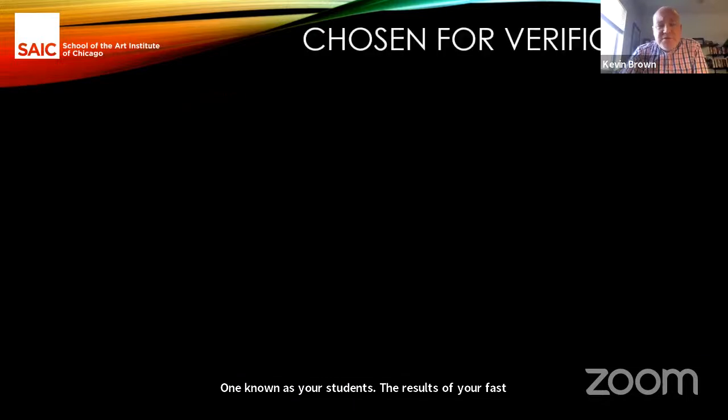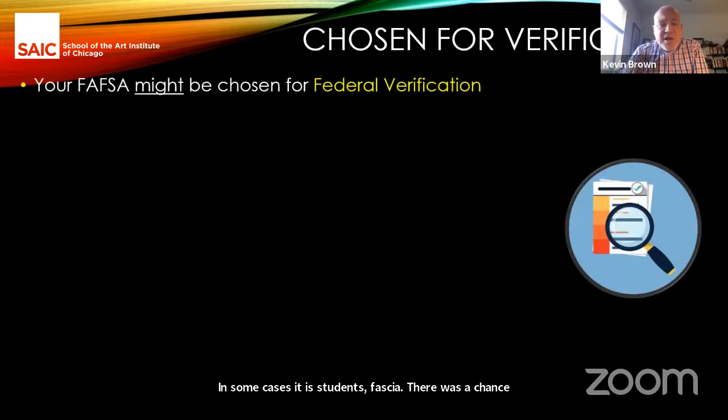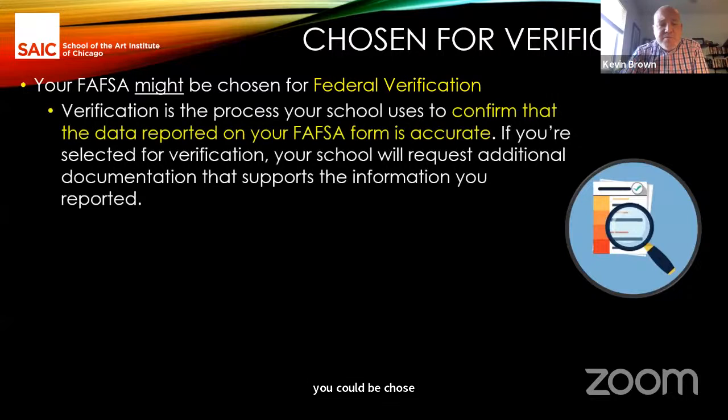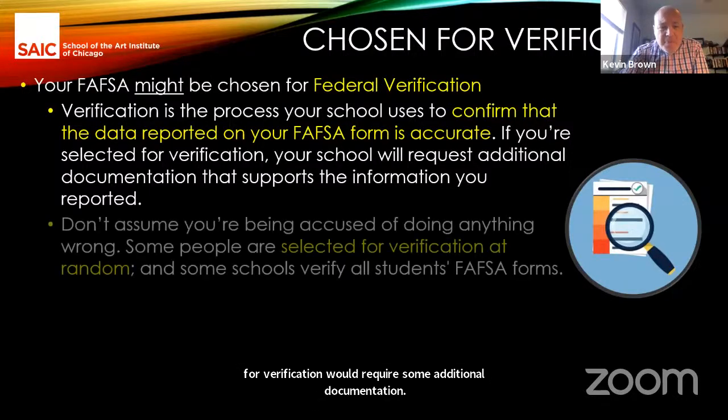In some cases, if a student submits a FAFSA, there is a chance you could be chosen for something called federal verification by the U.S. Department of Education. Verification is a process the school uses to confirm that the data reported on your FAFSA is accurate. If you're selected for verification, the school will require some additional documentation that supports the information you provided on the FAFSA.